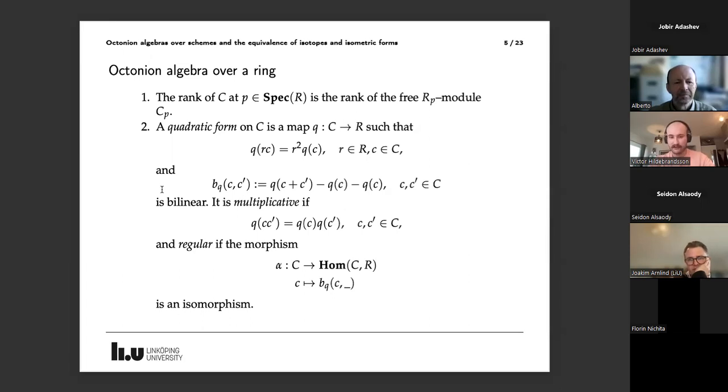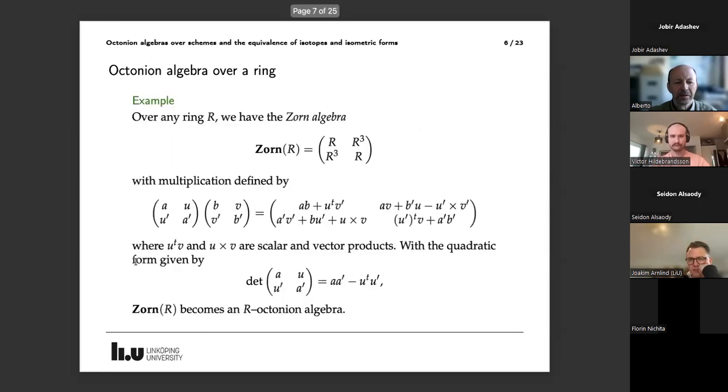And it is multiplicative if it satisfies this multiplicative condition, and regular if this induced morphism is an isomorphism. I should have said in the beginning, but please, if anybody has any questions, just interrupt me.